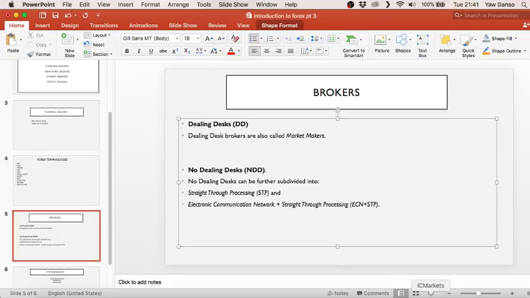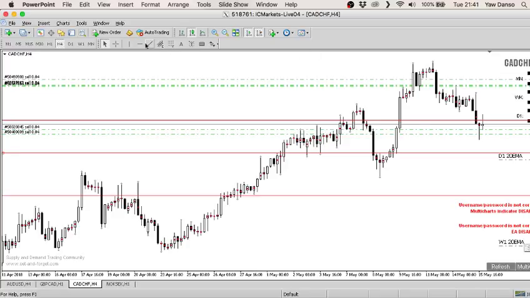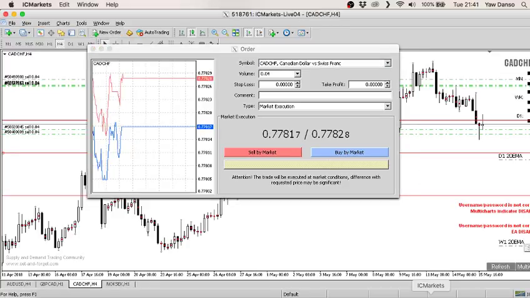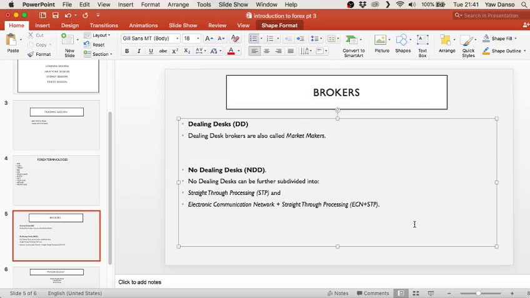So as soon as you press buy, your trade will be sent to the banks or the huge institutions, and they will take the other side of your trade.